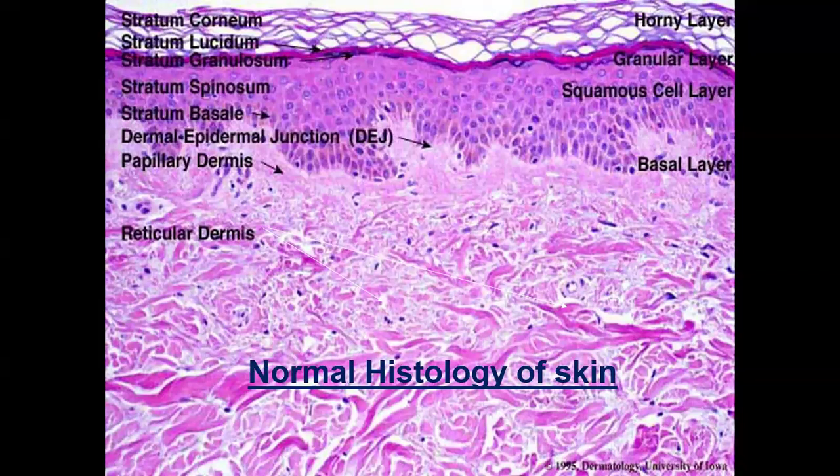This is the papillary dermis. The lower portion of the dermis, comprising almost more than 90% of the dermis, is the reticular dermis, in which collagen bundles are relatively loosely placed, and this portion contains all the adnexal structures.